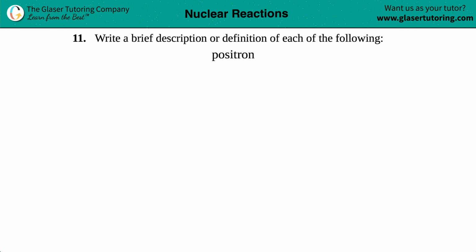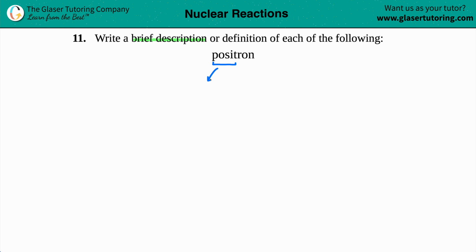Question 11: write a brief description or definition of each of the following, and then we have the positron. All right, so what is a positron? Well, we can kind of figure it out by splitting the word into two parts. I see that I have this "posit," pos-something.